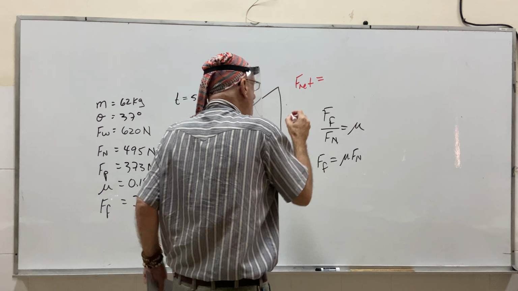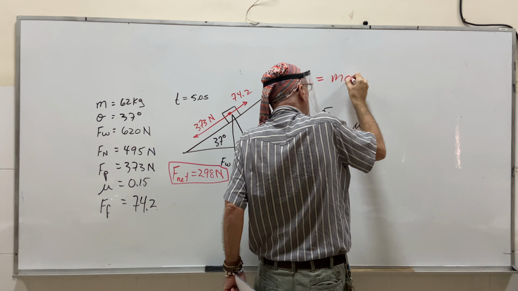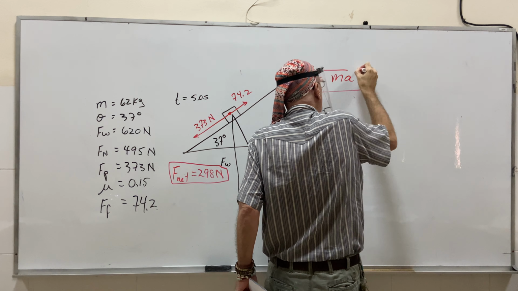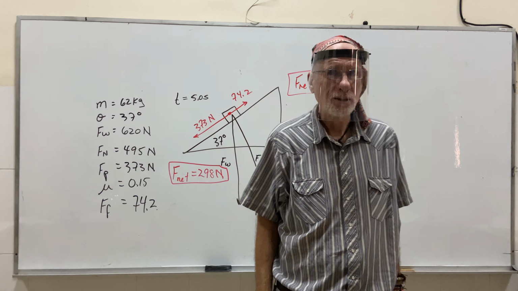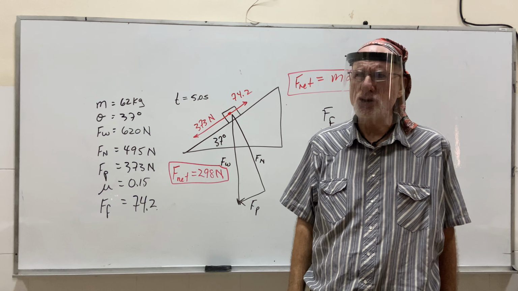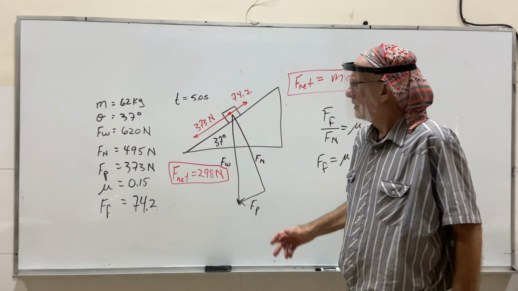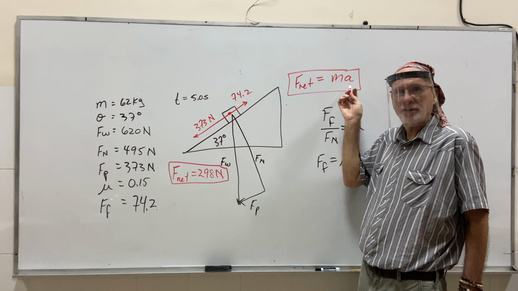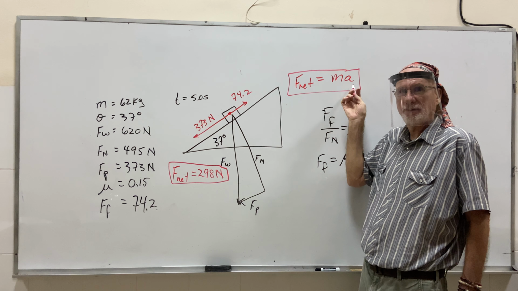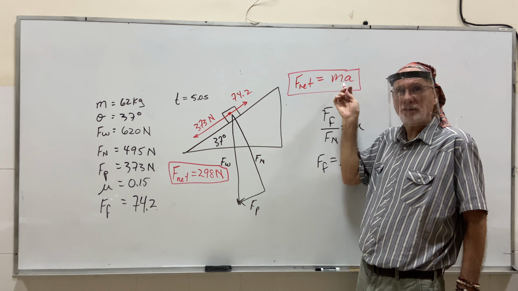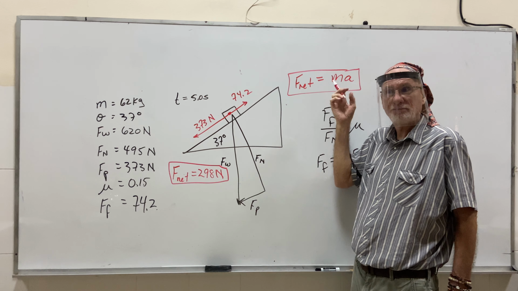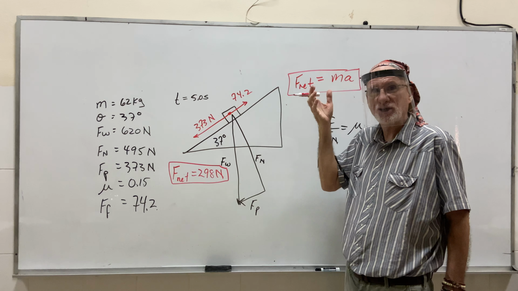So that equation is chapter 6. It's huge. The force I use to accelerate an object is dependent upon the mass, which is resisting the change.